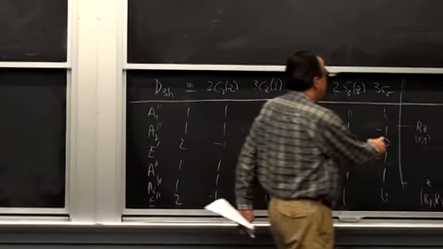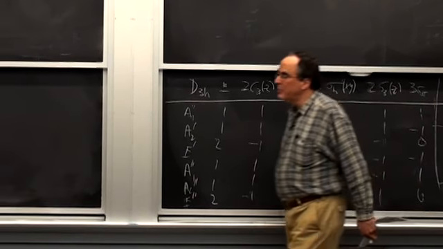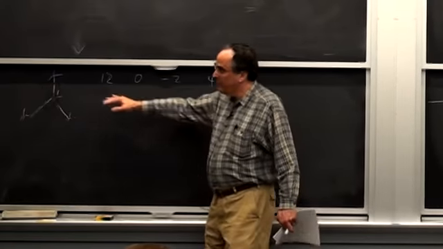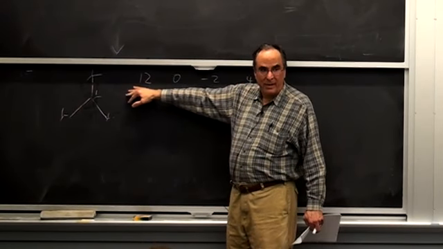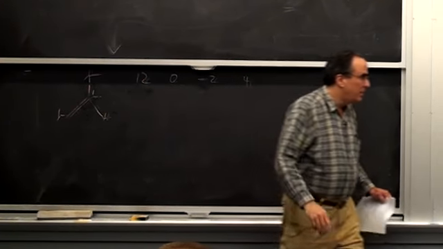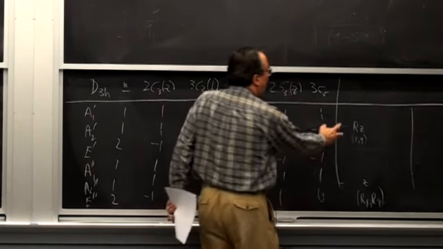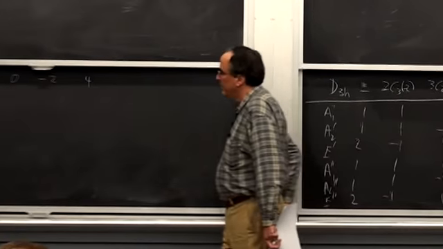Well, we got 3 translations and 3 rotations here, and so what we do is we reduce this, and that gives us all of the irreducible representations spanned by this Cartesian representation. And then we remove the ones that we have to, because those aren't vibrations, and we're left with something else.